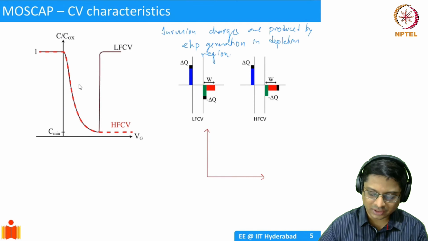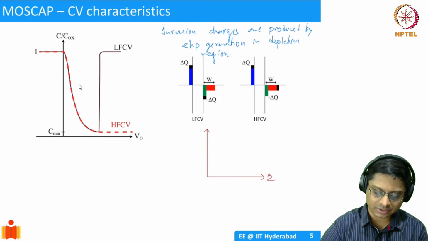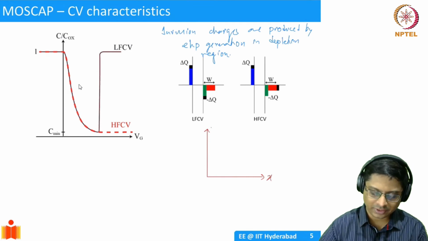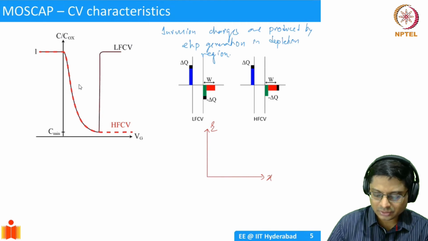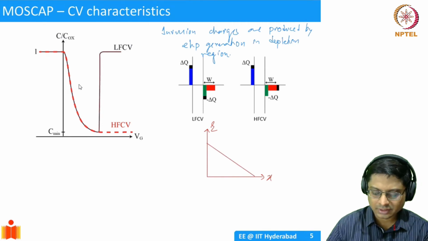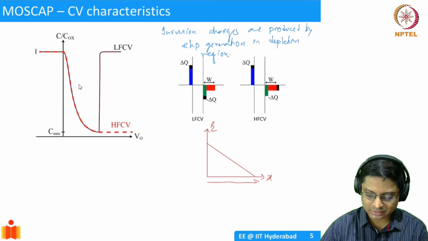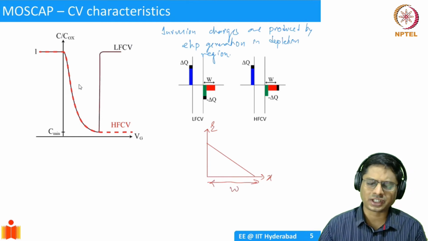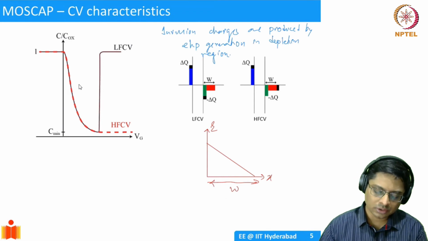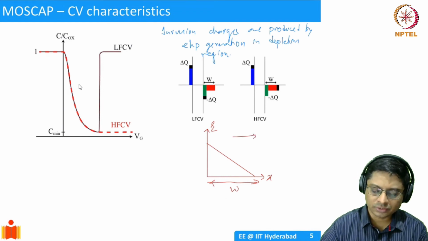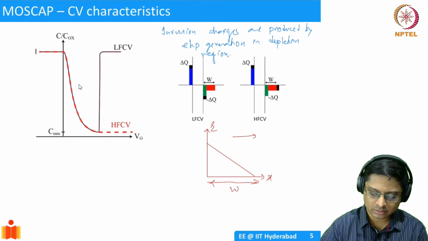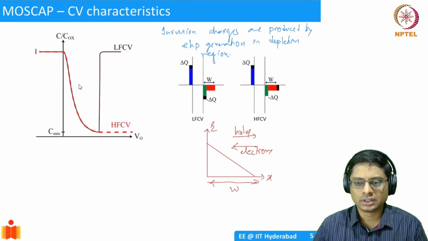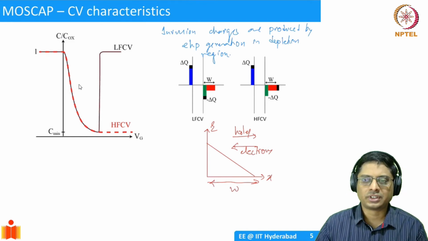We look at how the electric field is. This is, let's say, X versus electric field, and you know that it's going to be like this. This is my depletion width, W. So the electric field is a linear function. What will happen to holes? Holes will go this way and electrons will go in the opposite direction, right? This is how the charge separation happens.